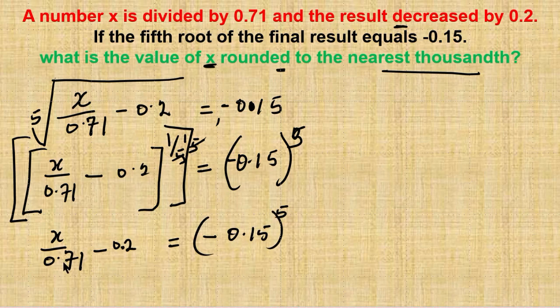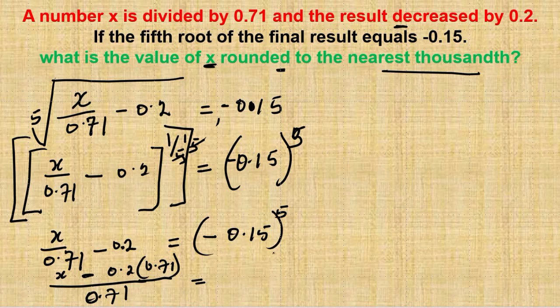Now, since I have x over 0.71, I can take an LCM of this side. It will look like this: x, then minus 0.2 into 0.71, all over 0.71. I don't want to quickly open the multiplication because it could get complicated.